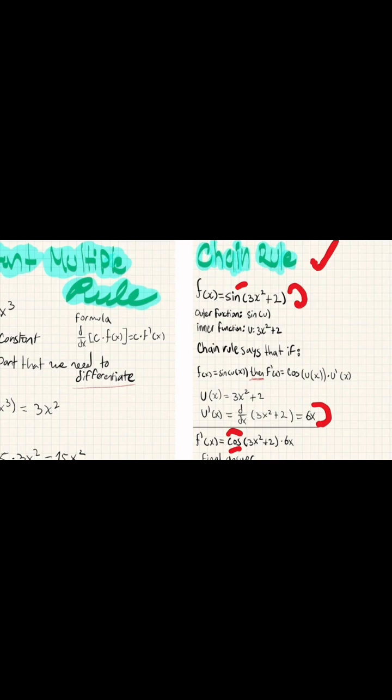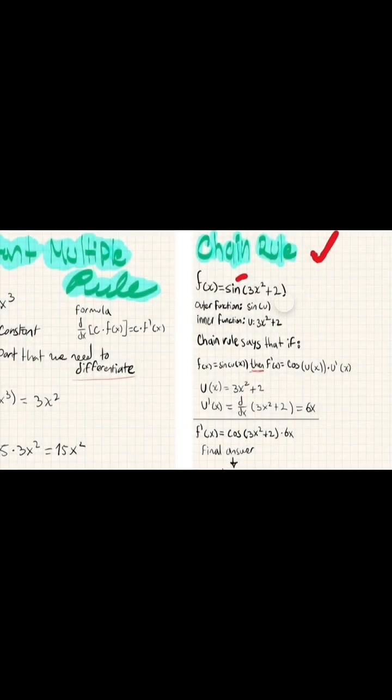Why? Because the formula says that the derivative of f of u of x is equal to f prime of u of x multiplied by u prime of x. So we already did the f prime. We have it right here, f prime.